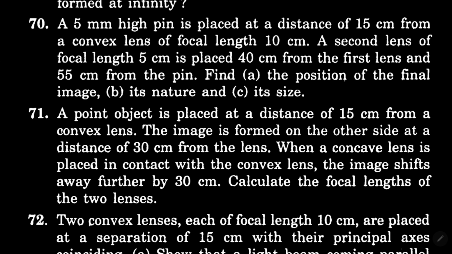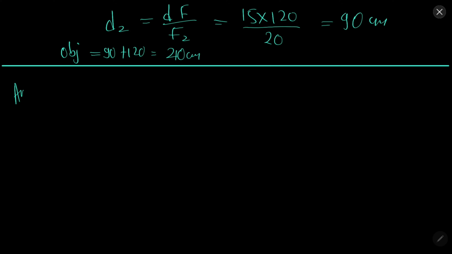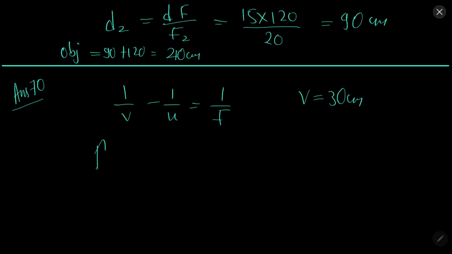In 70 we need to find position of final image, nature and size. So 1 by v minus 1 by u equal to 1 by f. So v will come out to be 30 centimeter. So final image is formed 10 centimeter right of second lens.